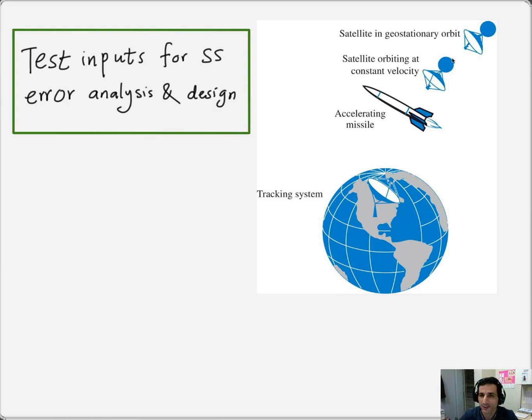So for each of these 3 targets, the reference would be different. For the first one, it would be position. For the second, it would be velocity, or simply a ramp function. And for the third, which is acceleration, it would be something like a parabolic function.